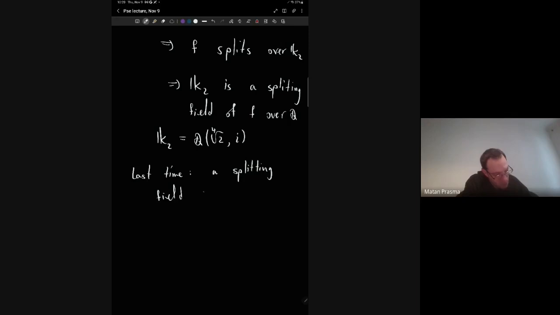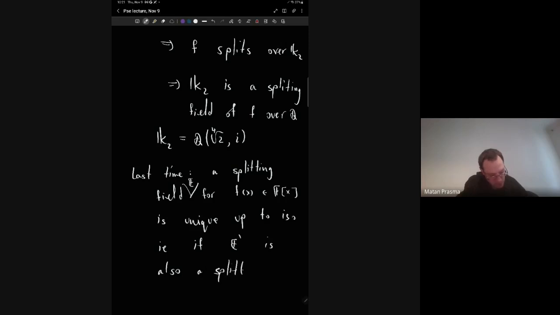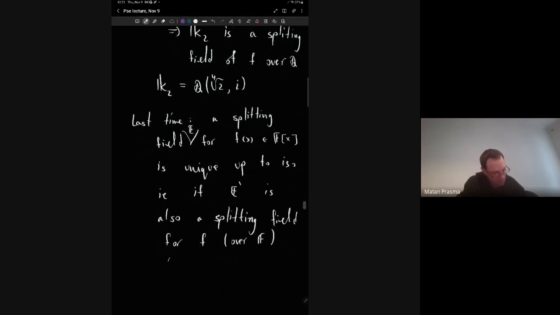The splitting field for f is unique up to isomorphism, i.e., if E prime is also a splitting field for f, then we get an isomorphism between E and E prime.